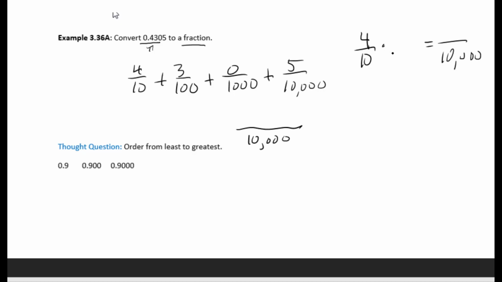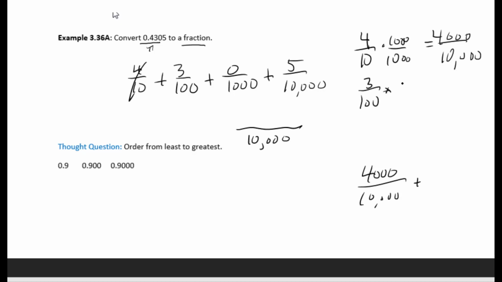So I'd multiply this by 1,000 over 1,000 and get 4,000. So I've got 4,000 here. I'll put it over here, 4,000/10,000. Plus, and now I'm going to take 300, multiply it by 100 over 100, because 100 times 100 will give me 4 zeros, right?